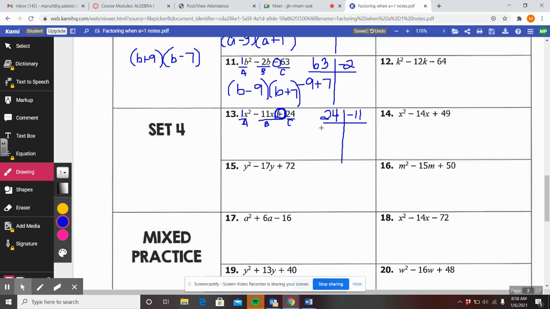So let's factor out 24 first. I got 24 and 1, 12 and 2, 8 and 3, 6 and 4. So what gives me 11 when you add them together? 8 and 3, but it's negative 11.